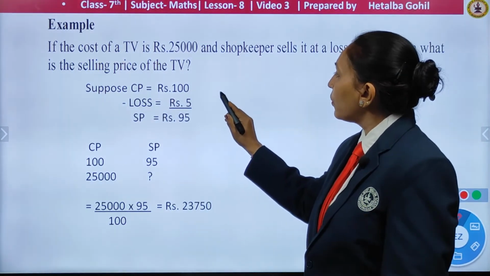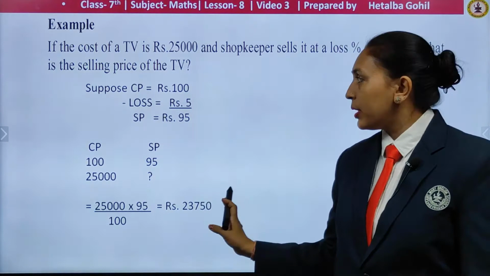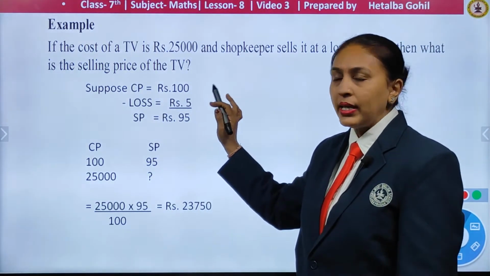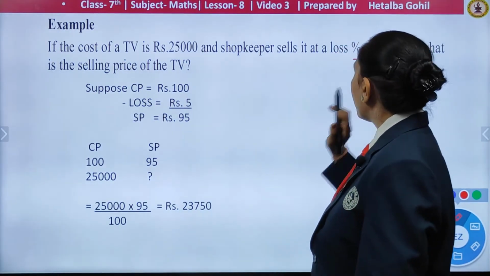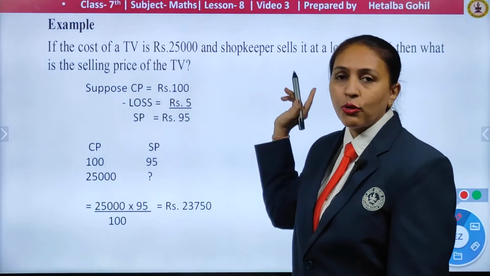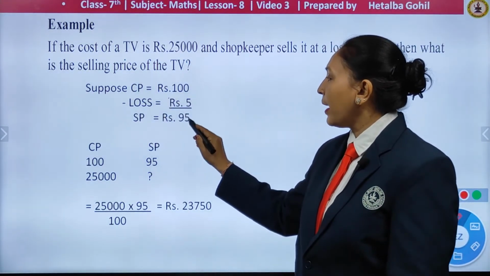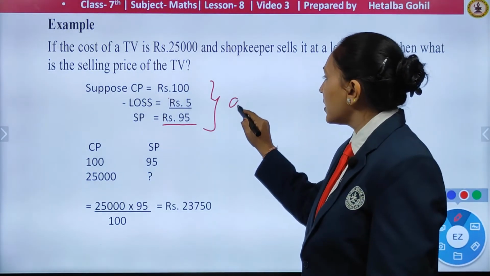We don't know it, this is the assumption method we are going to use here, children. We will just assume the quantity as rupees 100. It is told to us that there is a loss of 5%. So we will subtract, as I told you, the loss has to be subtracted. So I have subtracted 5 and got rupees 95. This is just an assumption.